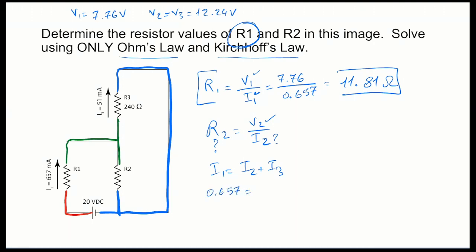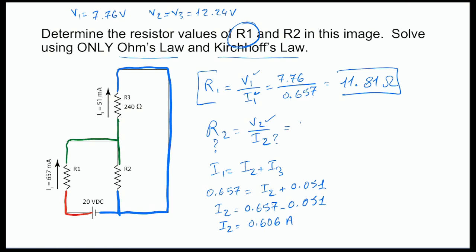So 0.657 amps are going to be equal to I2 plus I3, being 0.051. Therefore, I2 is going to be 0.657 minus 0.051, and then I2 is going to be equal to 0.606 amps, or 606 milliamps. I can apply that here.